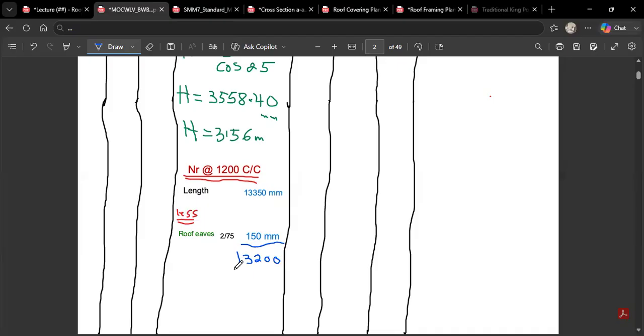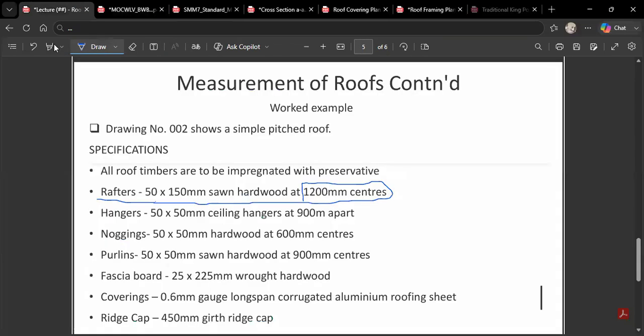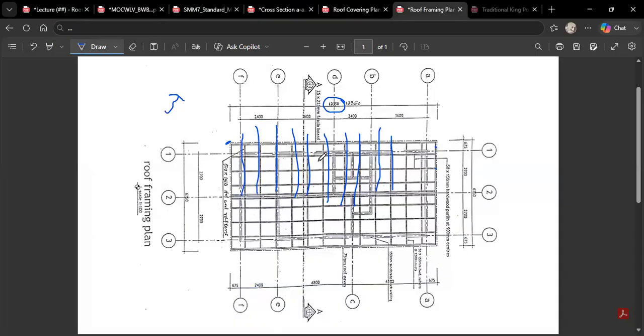That is the number I highlighted for you in yellow, 1,200 millimeters center to center. That is the spacing at which the rafters are placed within the length of the hut building. If you take the roof framing plan, the rafters are placed at 4 feet intervals. Let me write it over here: 1,200 millimeters is equal to 4 feet.